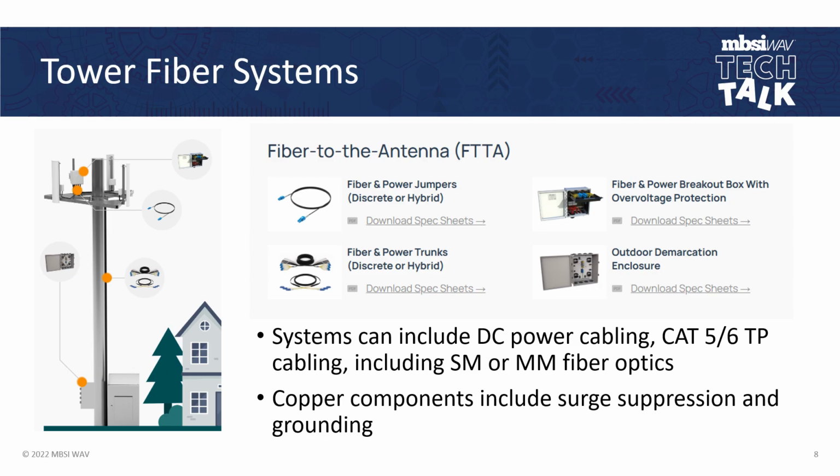Whenever you see the FTT, that's fiber to the, and then whatever the last letter is. H would be fiber to the home. FTTP is fiber to the premise. The many different ways the acronym is displayed. In our case, fiber to the antenna, I want to talk about just for a minute. Systems often include DC power cabling, maybe sometimes category 5 or category 6 twisted pair cabling, and single mode or multi-mode fiber optics.